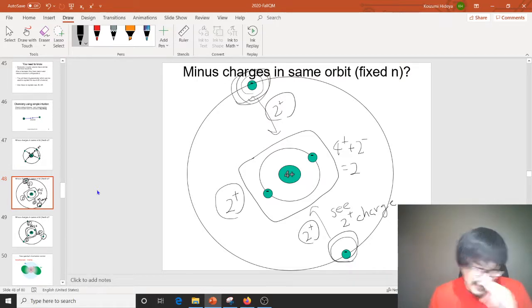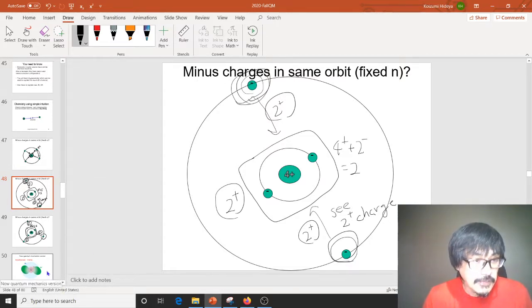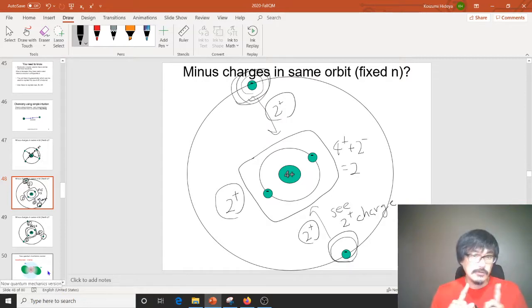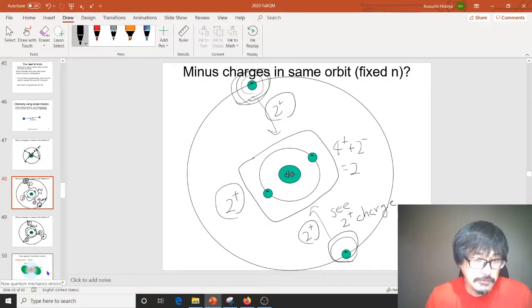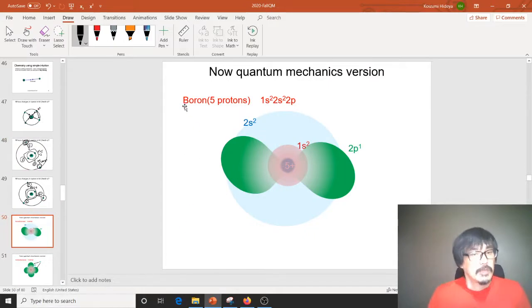Now let me try to explain that in the next several slides. In the quantum mechanics version, boron atoms have 5 protons in the center, right? So they have a 5 plus in the middle, and the ground state electronic configuration of boron is 1s squared, 2s squared, 2p, right?